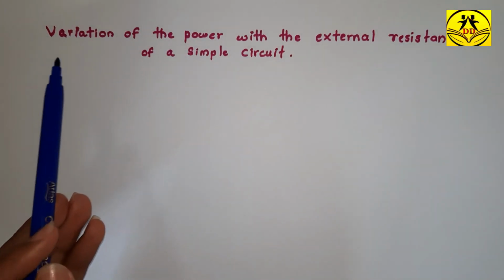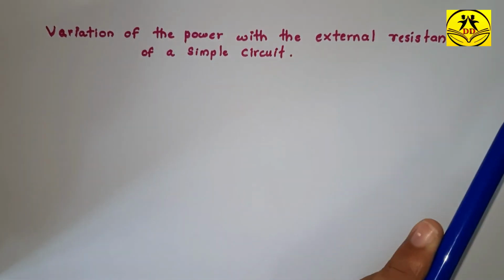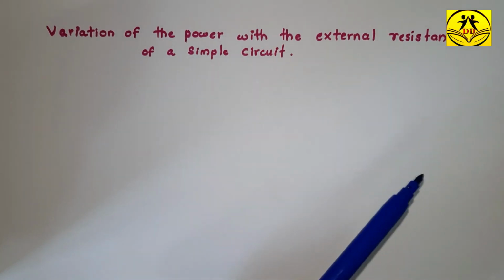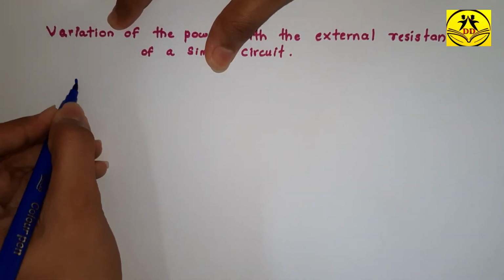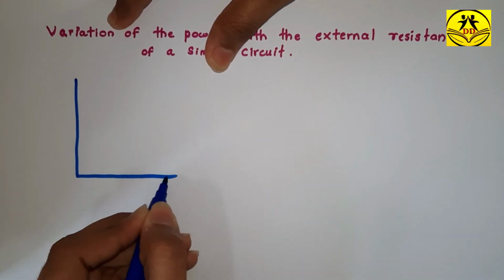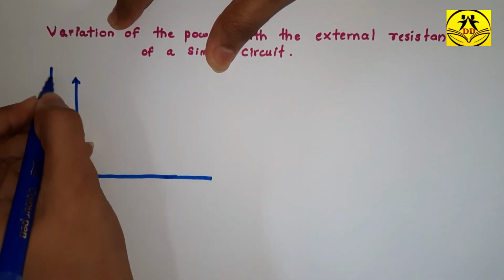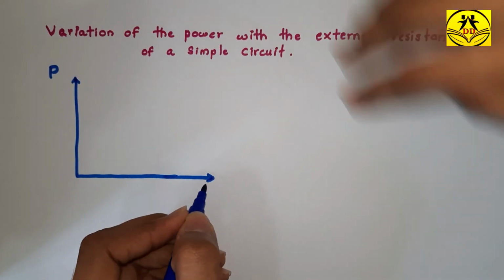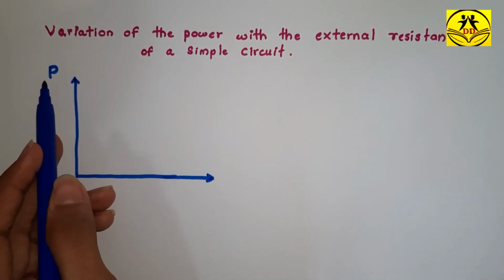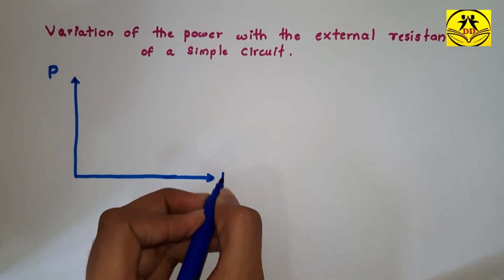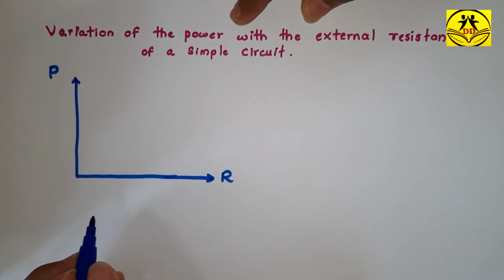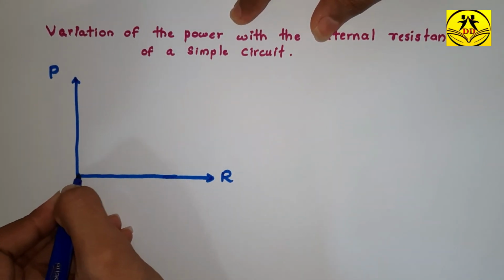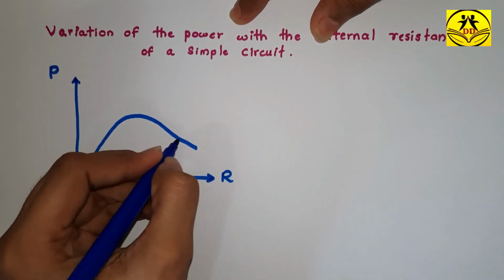So first let's see the variation of the power with the external resistance of a simple circuit. Now you should remember this variation. You can draw it like this. Now if you draw a graph with the y-axis for power of the external resistor and the value of the external resistor in the x-axis, the graph that you will be getting is something like this.